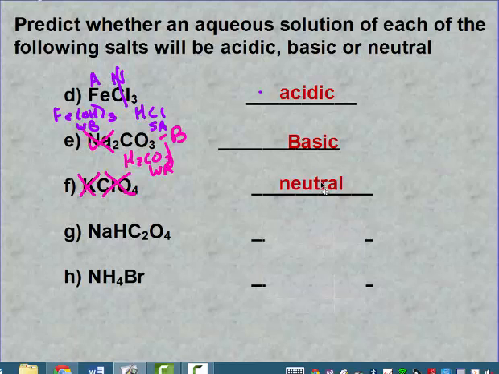Which piece can we eliminate, Brandon? Sodium, because that came from a strong base. Our other piece came from oxalic acid, H2C2O4. Is that a strong acid or a weak acid? Weak acid. That's a weak acid. And if it came from a weak acid, then its conjugate, HC2O4, is basic.